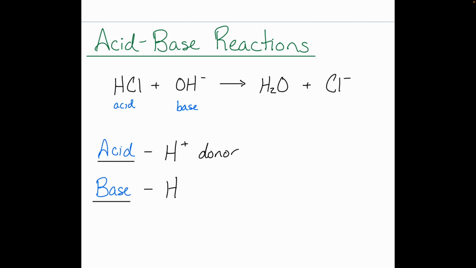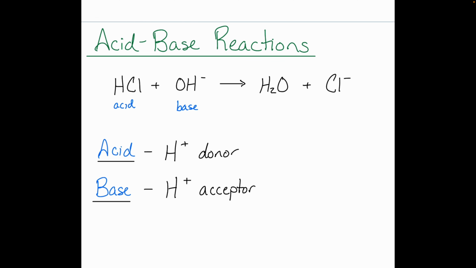It's the thing that's accepting that proton. So a proton acceptor is a base. Okay. So in our above example reaction here, you can convince yourself that HCl gets rid of this proton. It donates it to the base.